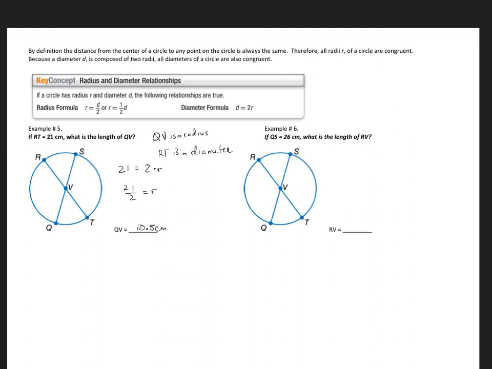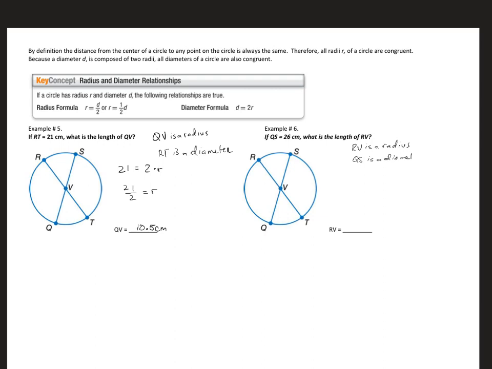Example number 6. It says that QS is equal to 26. What is the length of segment RV? Again, RV is a radius, and I know that QS is a diameter.